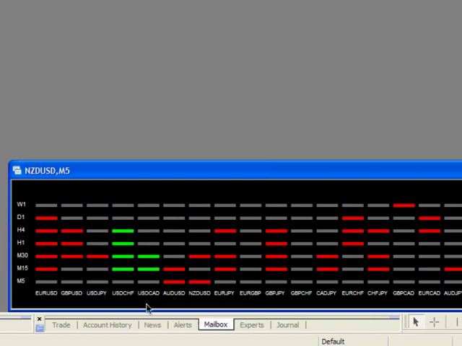So for example, let's pick the American dollar against the Canadian dollar. We can see that we can find an uptrend on the 15 minutes time frame and on the 30 minutes time frame. Again, just one quick look.